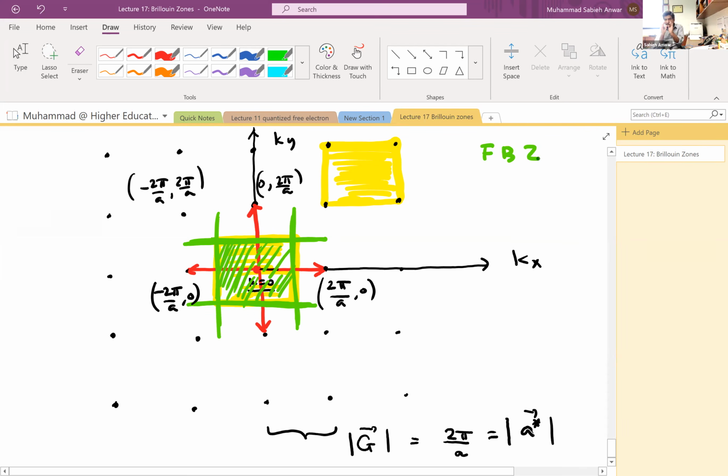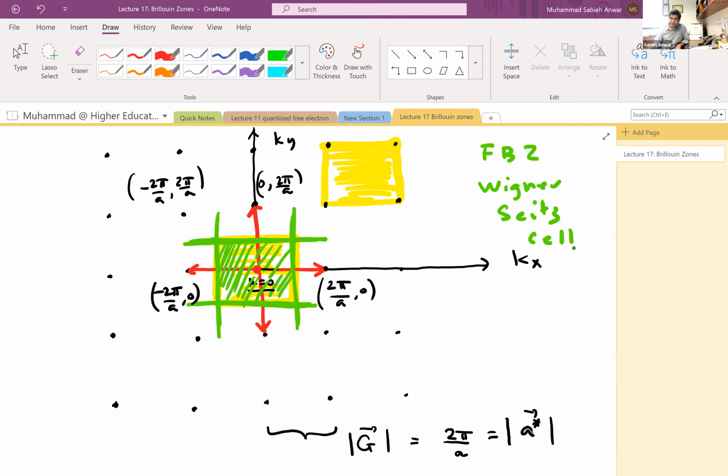And this kind of unit cell that I've drawn in this fashion, by looking at the bisecting planes of the reciprocal lattice vectors pointing to the closest neighboring points, is also called the Wigner-Seitz cell. So the first Brillouin zone is just the Wigner-Seitz cell in the reciprocal lattice. All right. So this green region represents the first Brillouin zone.